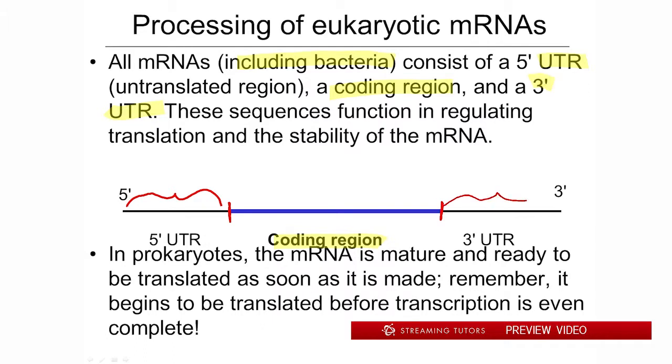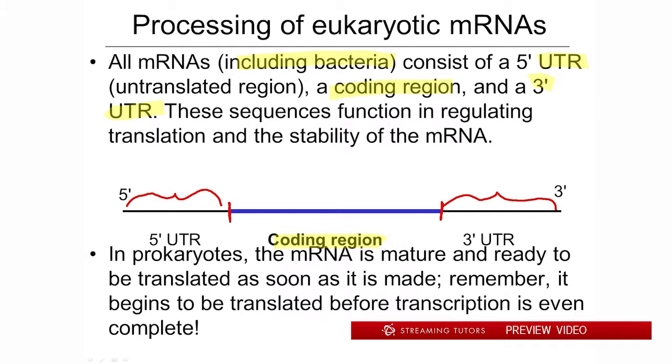So these untranslated regions, the name pretty much tells you what it is. They're untranslated, so they're not carrying coding information from the DNA, but they're doing something else, which we can discuss in a moment. Now, there are a lot of differences, but particularly in bacteria, once the messenger RNA is mature, it is ready to be translated literally as soon as it's made.